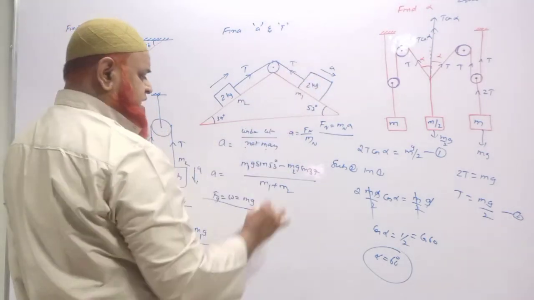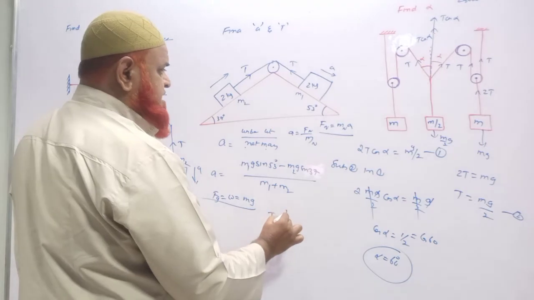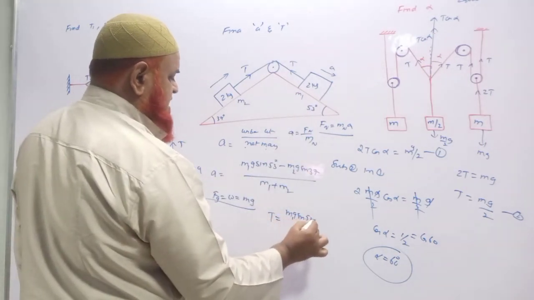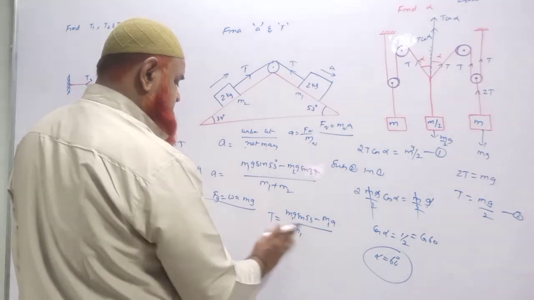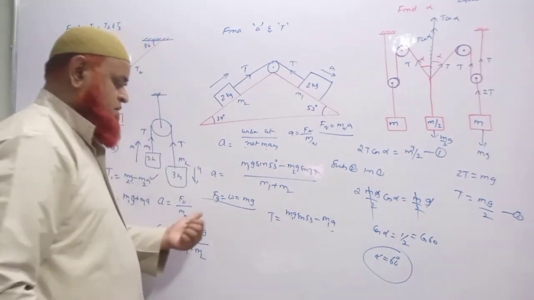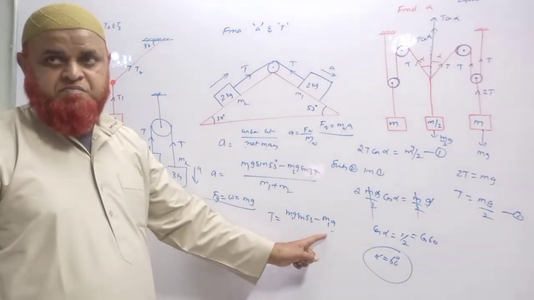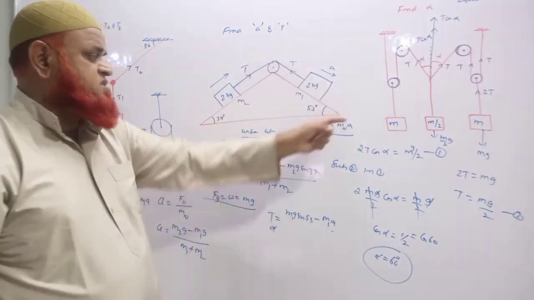So if I take this one, as this block is moving down, what are you going to write now? m1g sine 53 minus m1 into a, that's it, no? Because mg minus ma, T down means mg minus ma, this is down.